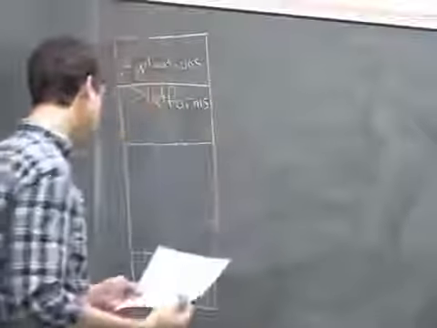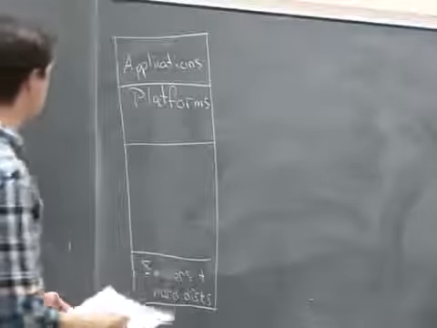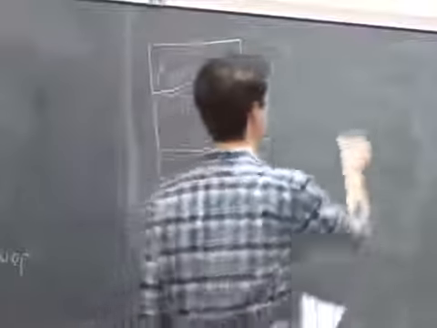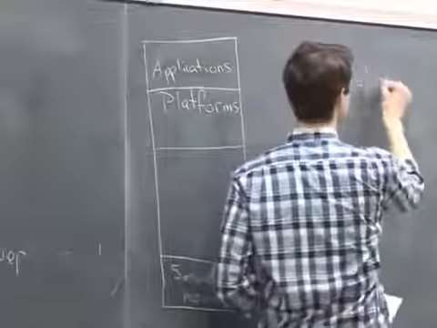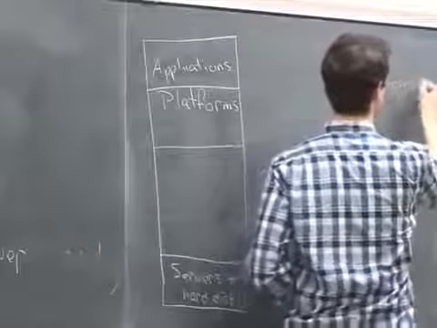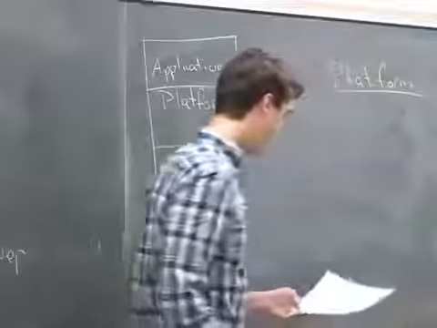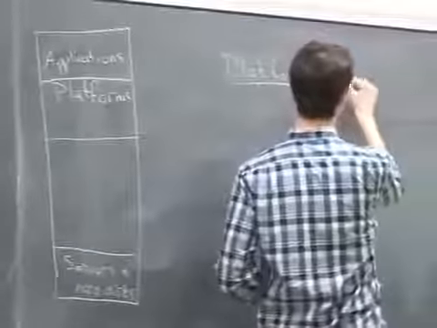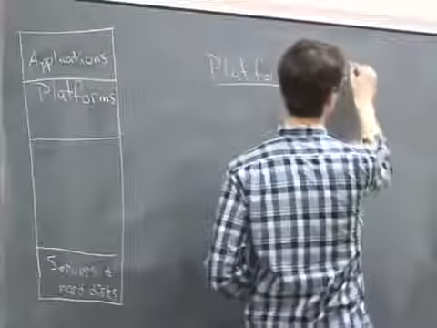Okay, so you don't really need to know what a platform is. I just want to say that these are things that make writing cloud applications easier. And they make it easier because they provide some functionality for you. This, by the way, is called Platform as a Service.